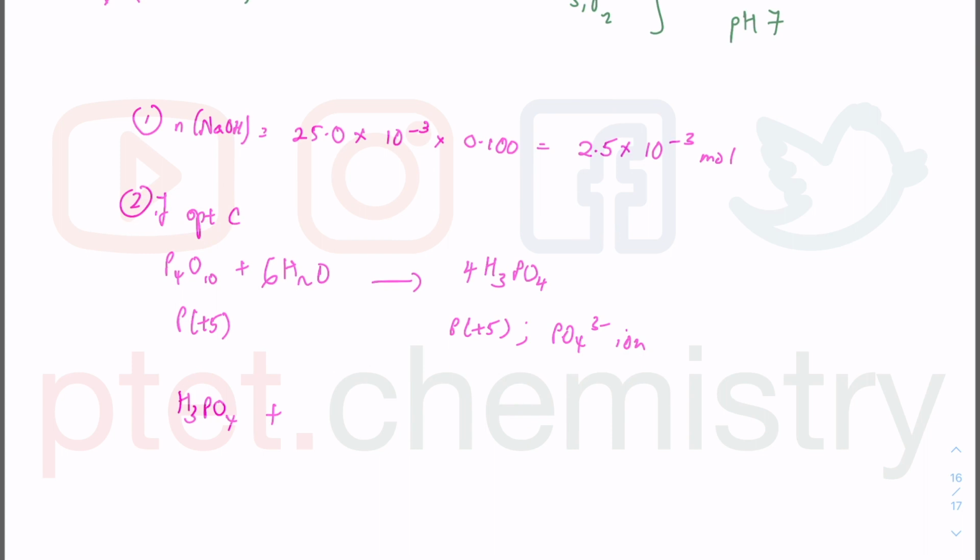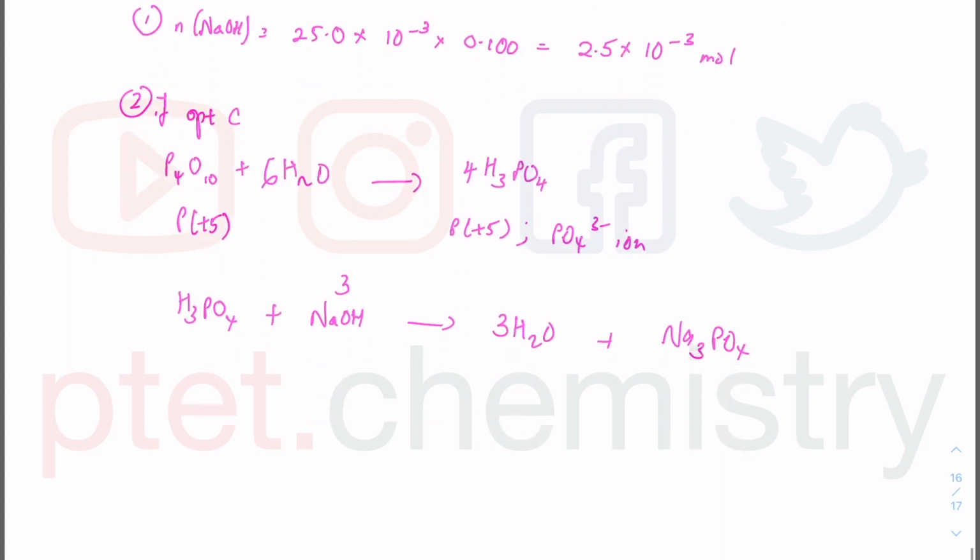H3PO4 has 3 H plus, so when you react with NaOH, you need 3 NaOH to react with the 3 H plus, so you get 3 H2O and of course Na3PO4. The most important thing is the mole ratio: 1 mole of acid with 3 mole of the hydroxide, because 1 mole of the acid has 3 H plus.